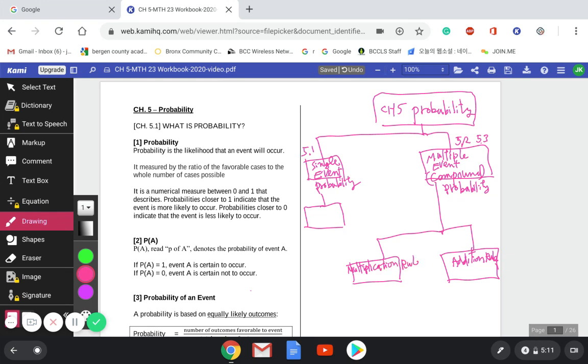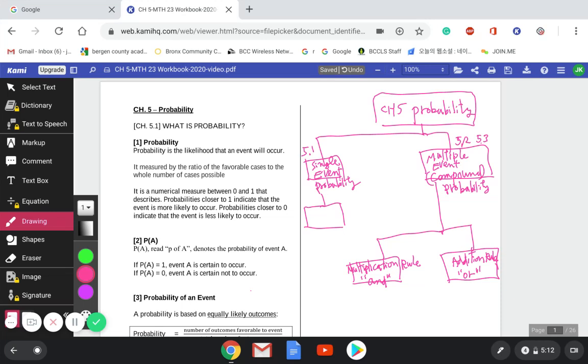The keyword that indicates the multiplication rule is AND, and the keyword that indicates the addition rule is OR. So we're going to talk about this kind of setup.